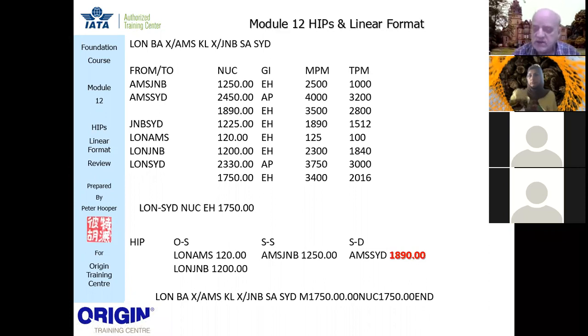You told the passenger if you don't stop, you transit, you can get a cheaper fare. So now we have London transit Amsterdam, so we cannot use that. Cannot use the Johannesburg HIP. In that case, we use the normal base fare. You see? By changing the transits and stopovers, you can get your passenger a cheaper fare. And that's the point of the HIP lessons.